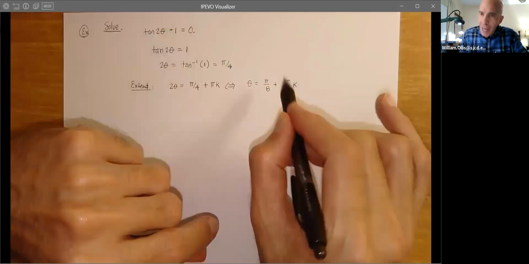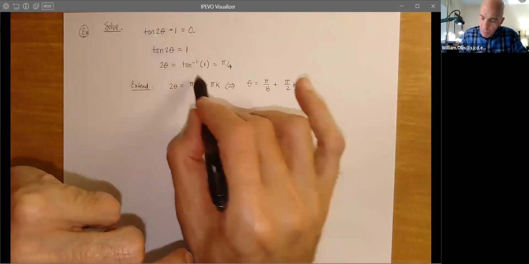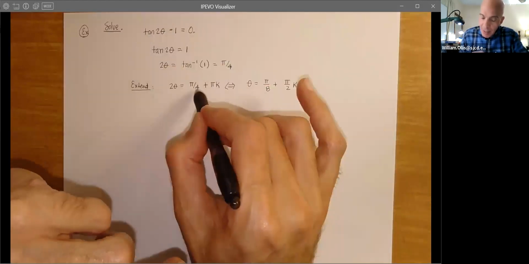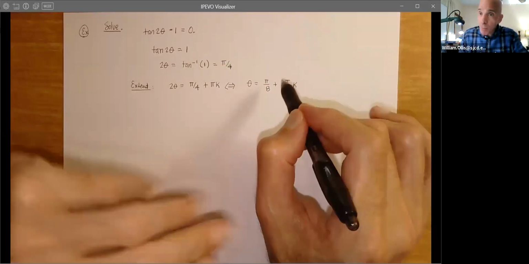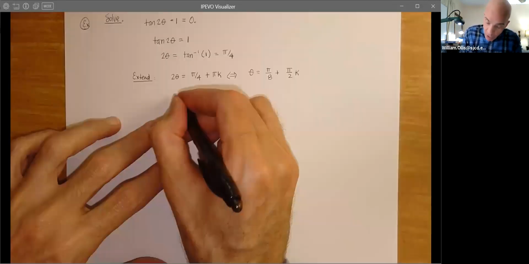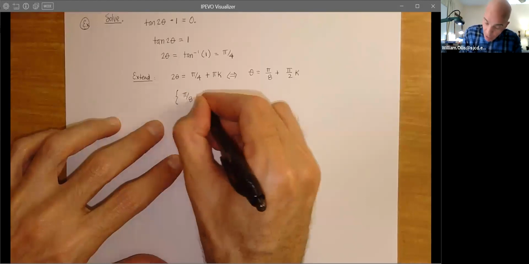So if you do pi k here, that's wrong. In order to keep students from floundering here, I just say go ahead and extend, then divide. That might be an easier way of keeping up with the new period. Your call though. So when we write our solution set, we say pi over 8 plus pi over 2 k.